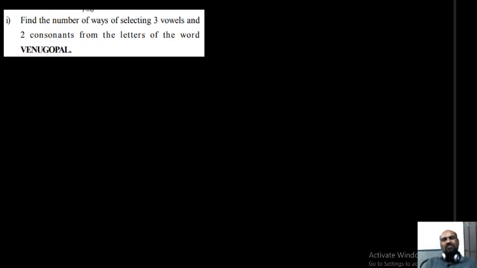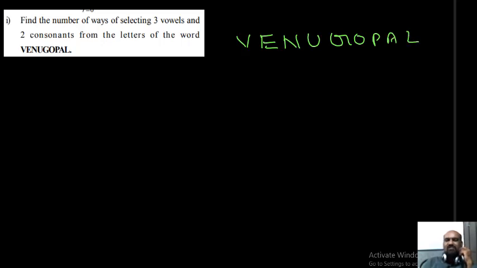Okay, next problem. Find the number of ways of selecting 3 vowels and 2 consonants from the letters of the word Venugopal. First of all, I want to identify what are the vowels and consonants. This is a vowel, this is a vowel, this is a vowel, this is a vowel.